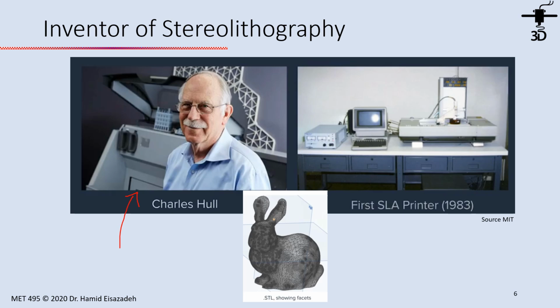Whenever we want to print a part, we have to create a model in Inventor or another CAD program, and then save the file in STL format in order to define the toolpath in the 3D printing software. One of the 3D printing software we mentioned last session is Ultimaker Cura. Cura is one of the programs that Ultimaker uses for defining the toolpath.